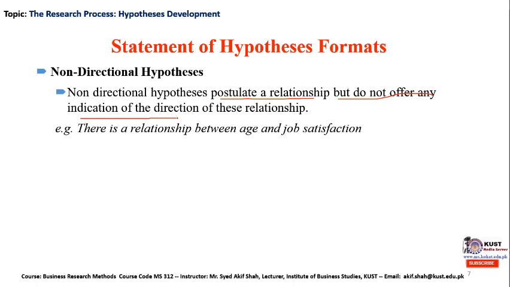We cannot infer at this stage that if the worker's age is higher, then he will be more satisfied on the job, or if the age of the worker is lower, then he will be more satisfied on the job. We cannot infer a particular direction in this hypothesis. Therefore, we can say that this is a non-directional hypothesis.